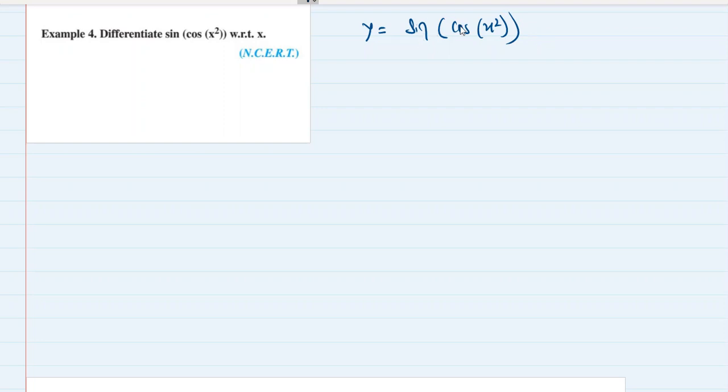This is function of a function of a function. Remember, it is like this: f of f of f of x, like this, function of a function of a function.